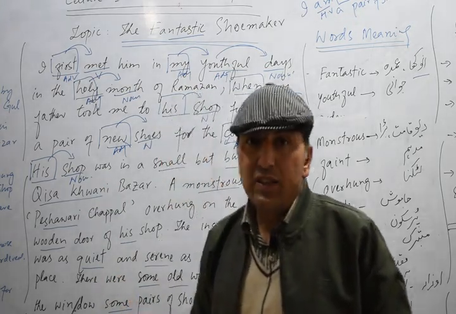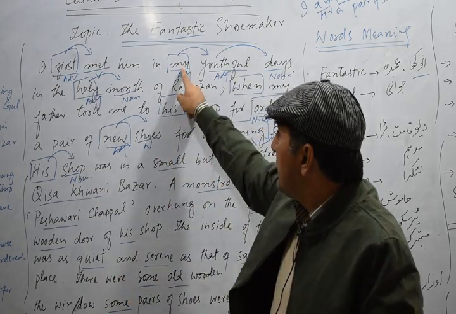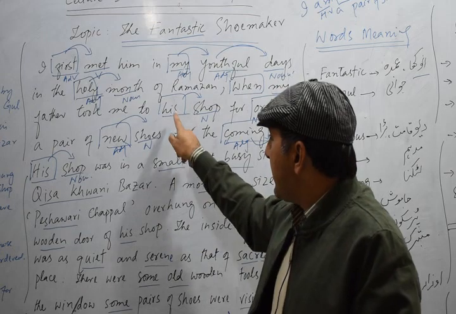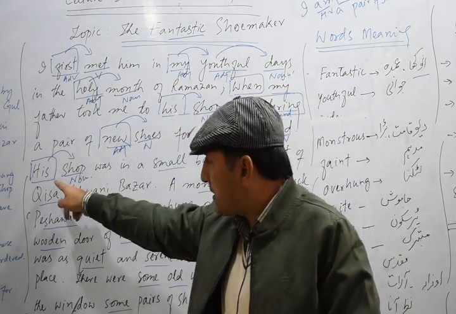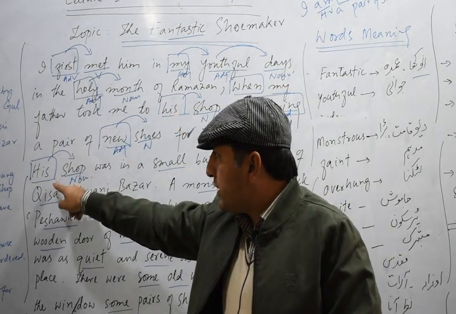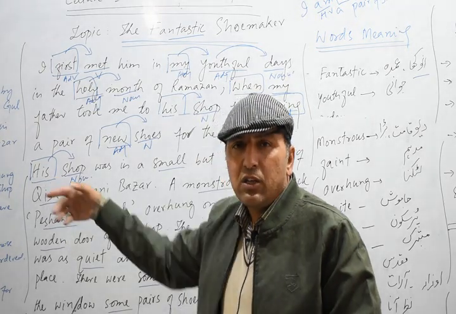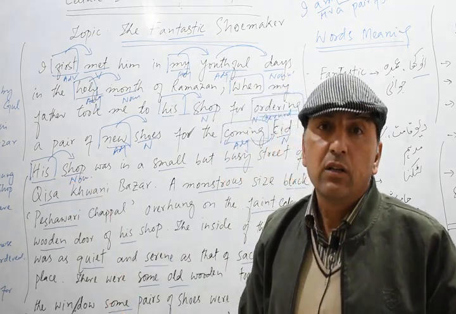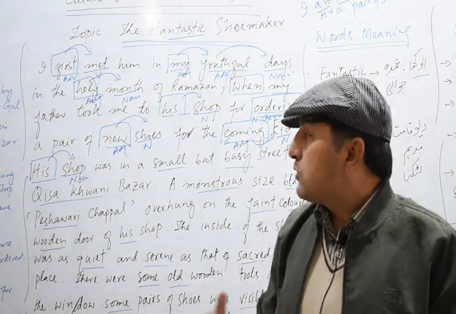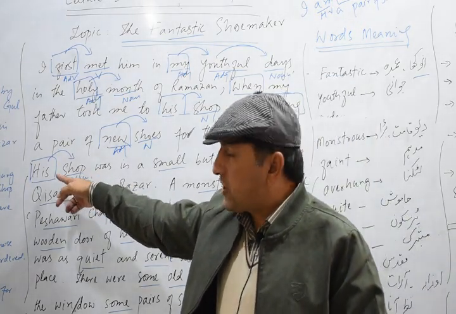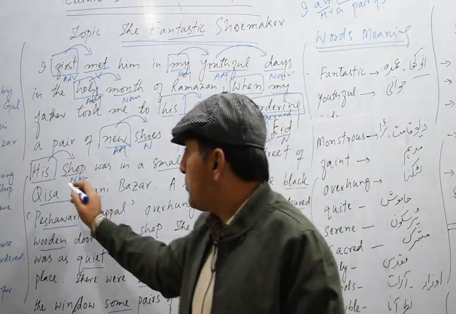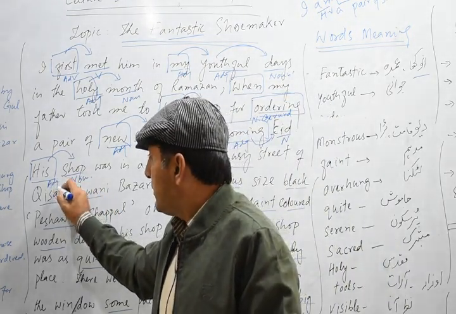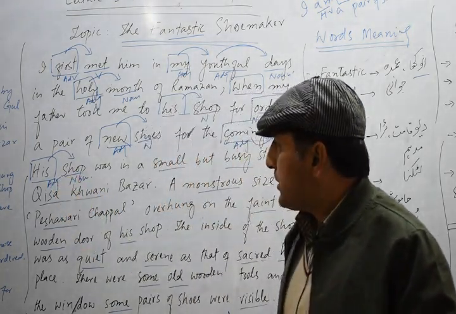So his, like my, is a possessive adjective, क्योंकि मलकियत शो कर रहे हैं, और मलकियत को क्या कहते हैं? Possession. Possession means मलकियत. So we call it possessive adjective. So once again we have another adjective, that is his.